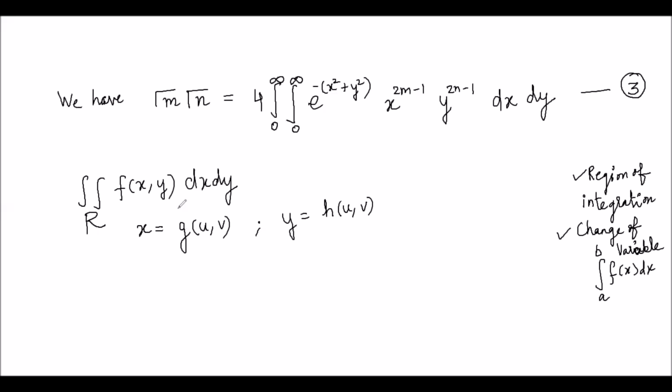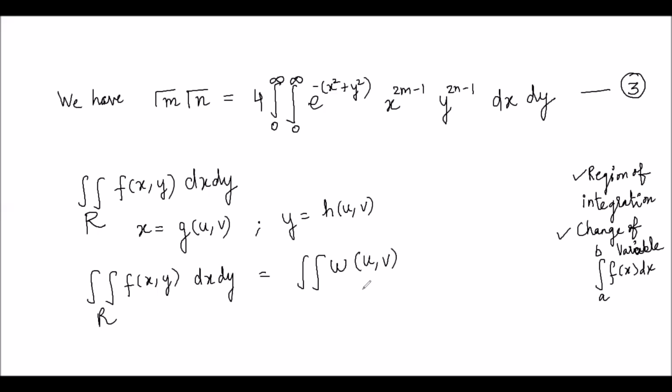So when we change the variables, this double integral which I have written here in xy becomes, with some new integrand, say w, obtained by putting in x and y with the help of these equations, using this g and h, a new integrand w in terms of u and v.